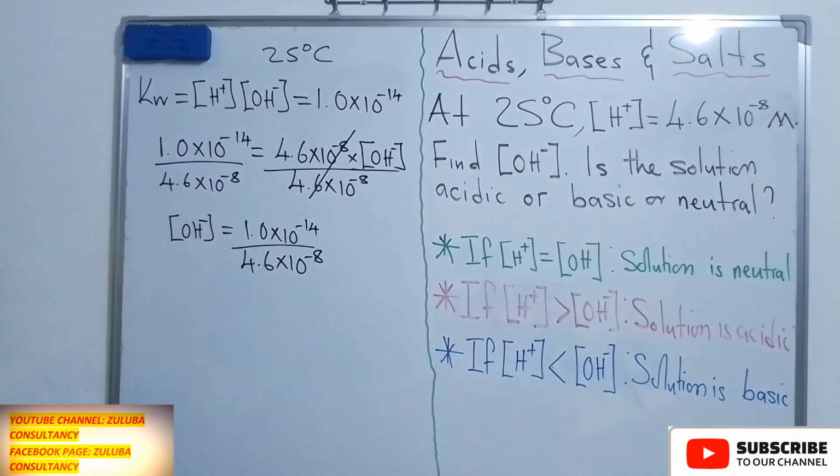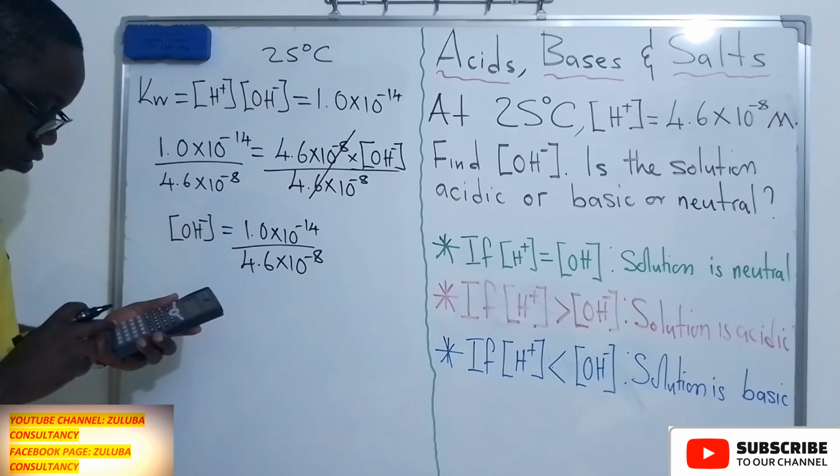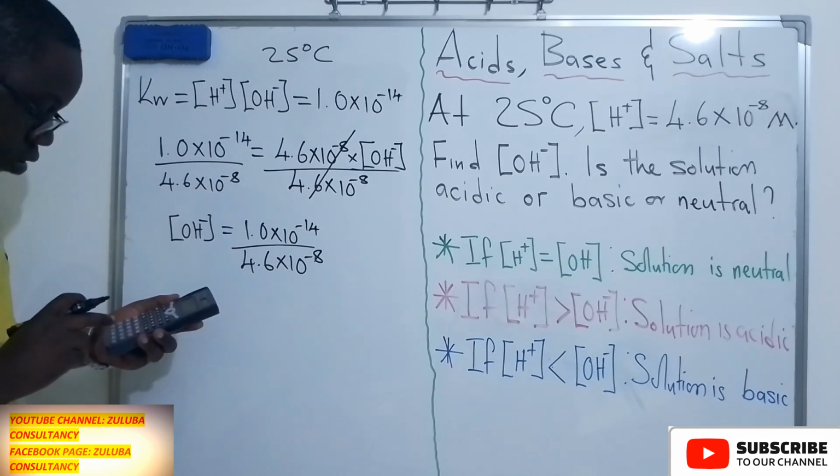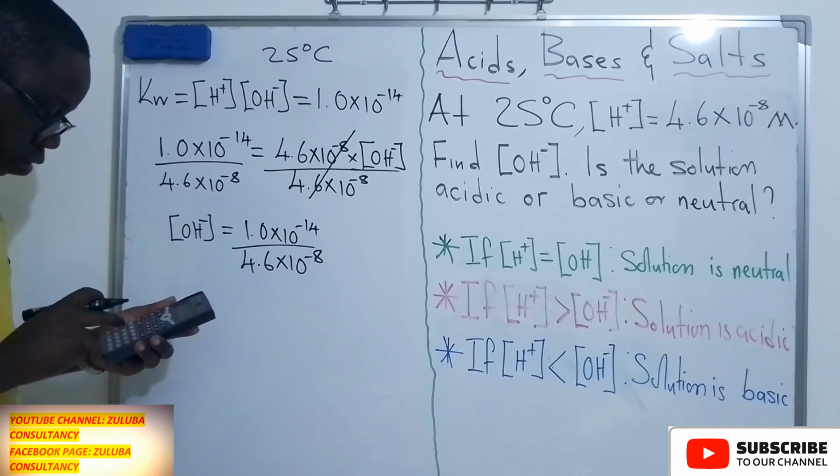So let's see on the calculator what we are going to get when we divide 1.0 times 10 to the power negative 14 by 4.6 times 10 to the power negative 8.